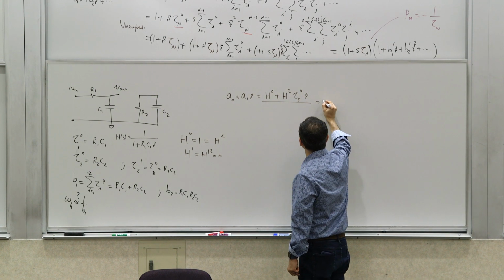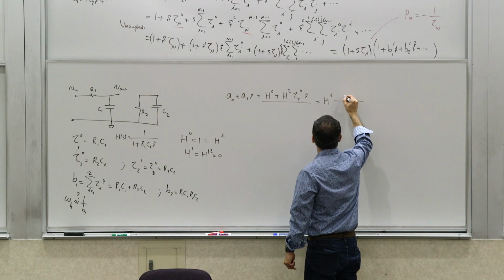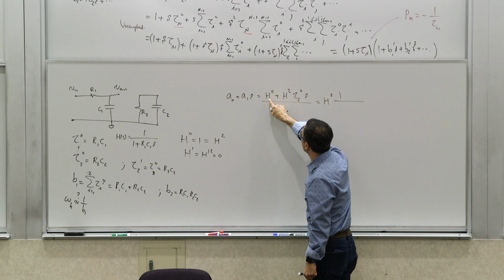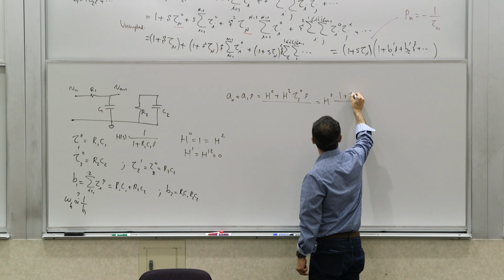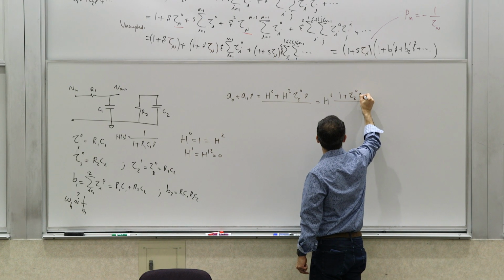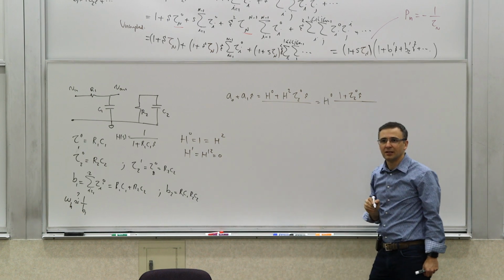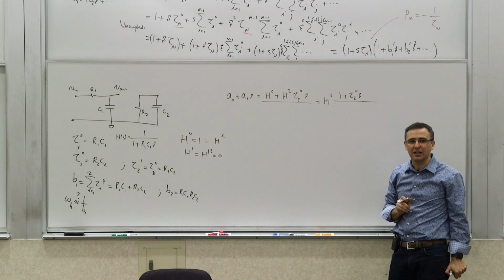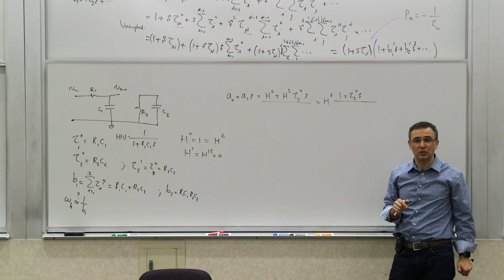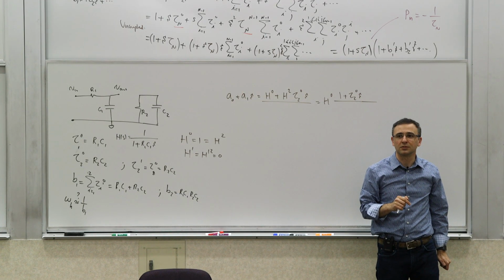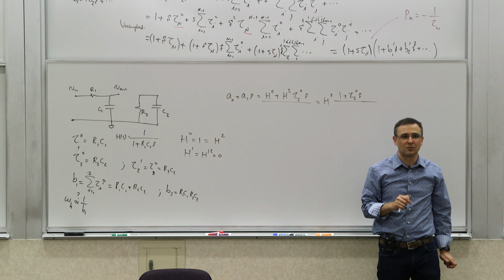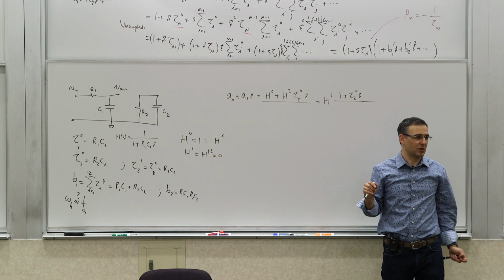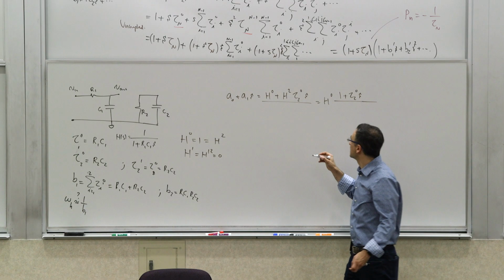So I can factor H0, and the ratio of these two is 1, so it would be 1 plus tau 2,0 s in the numerator. And what do I have in the denominator? These two time constants are uncoupled, right? Because shorting or opening, you can factor them as two different time constants.